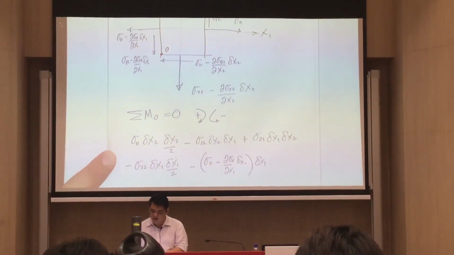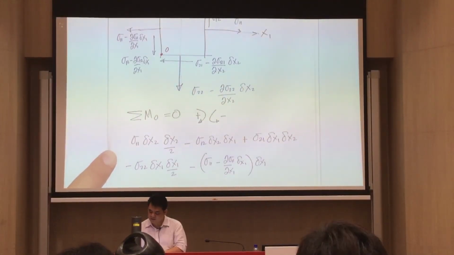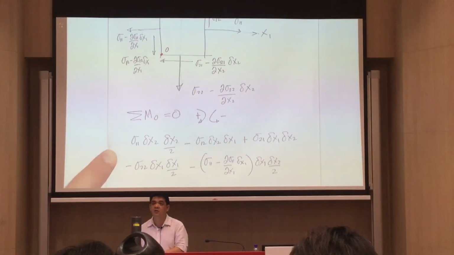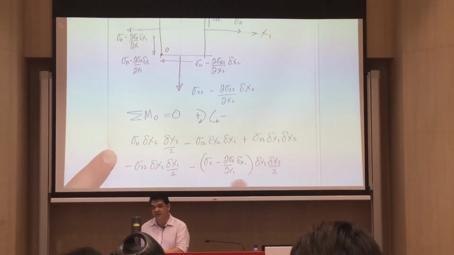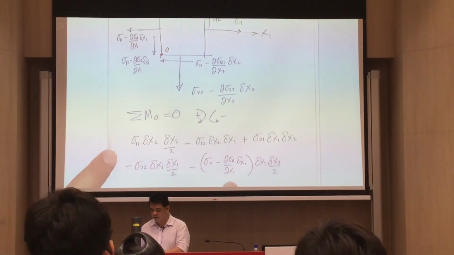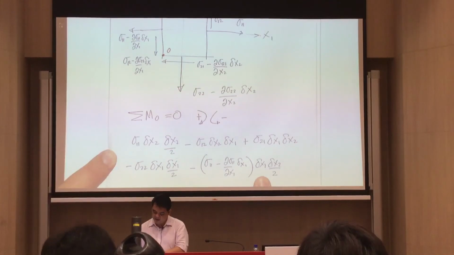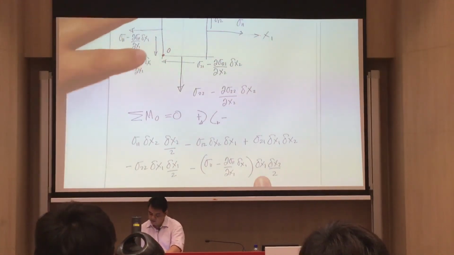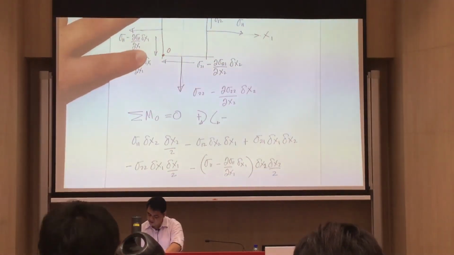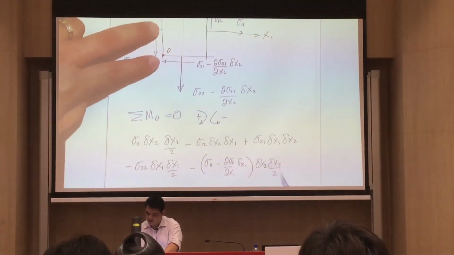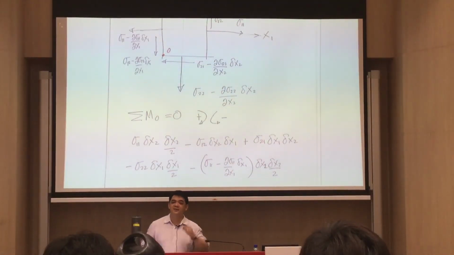And what is the moment arm? Delta x2 divided by 2. So just take this as a single term, don't be confused here. So delta x2, and the moment arm is delta x2 over 2, okay?